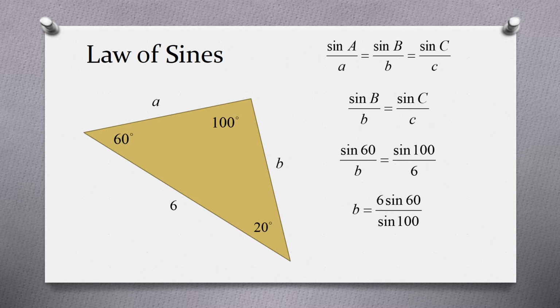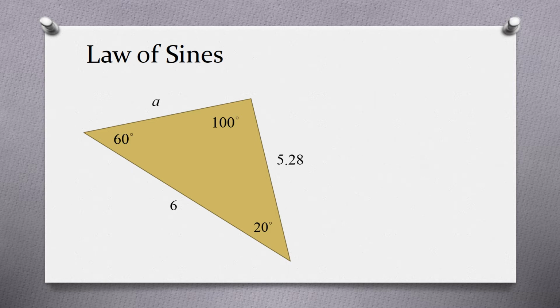With that, we can go into our calculators, make sure our mode is set to degree mode, and solve. And remember, I've rounded the length of this side. So B is approximately 5.28 units, whatever units this might be, feet or miles or what have you.